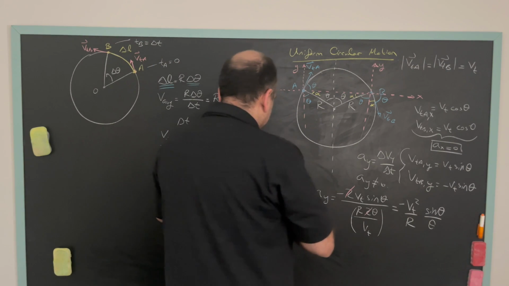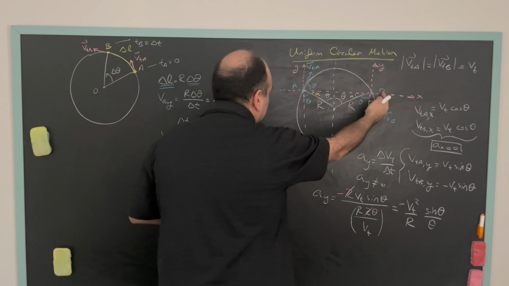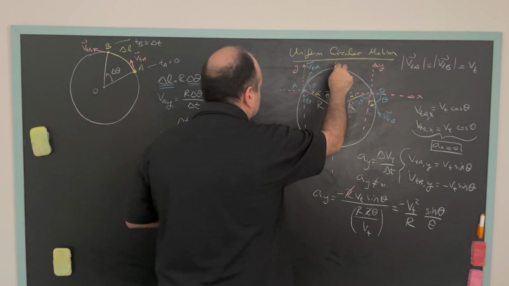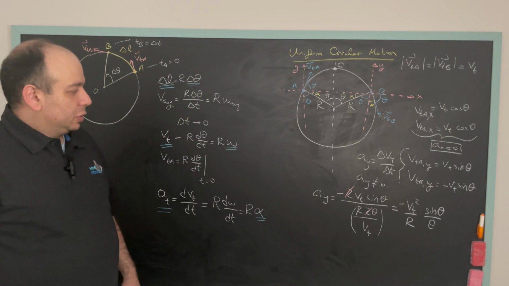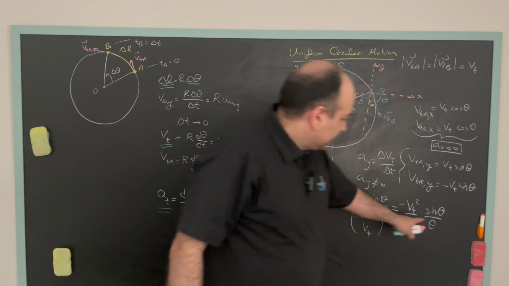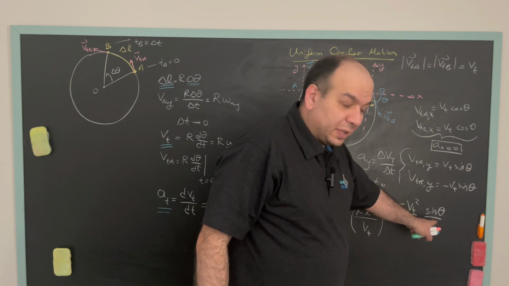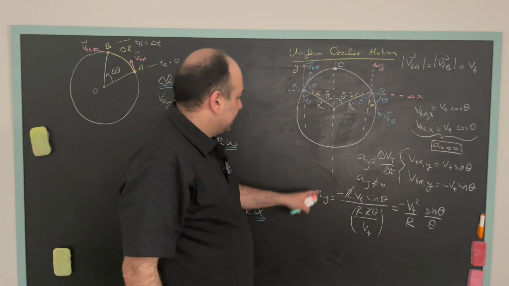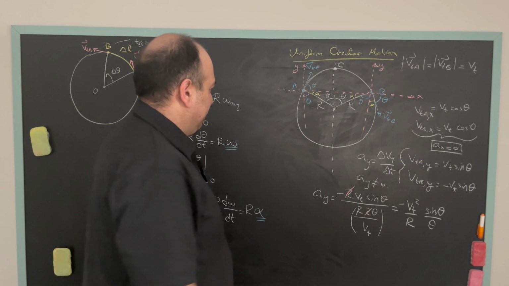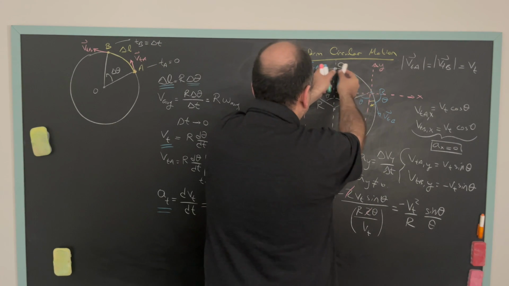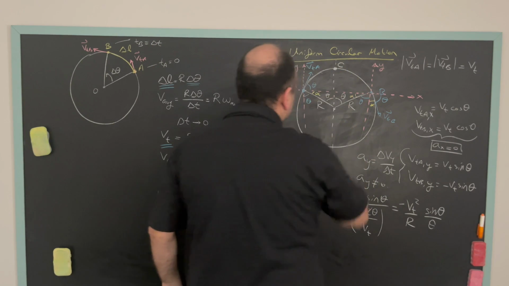So in other words, we're going to make this A and B move towards each other. So let's take this point C. So when we take the limit, theta goes to 0, okay? This actually gives us the instantaneous acceleration at point C, okay? Because these points A and B get close to each other when theta goes to 0.